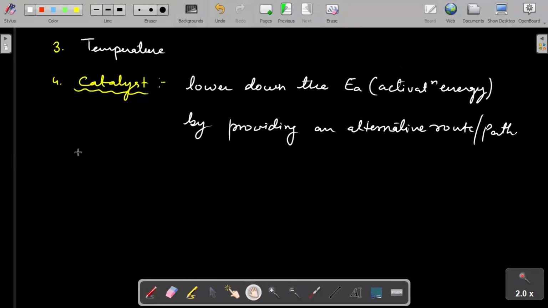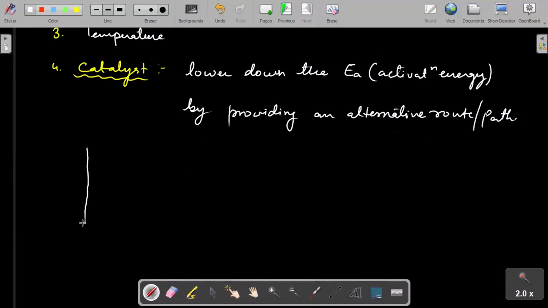Okay. For example, what is activation energy? Suppose I have a matchstick and I have to burn it. Without rubbing it on the matchbox, it cannot burn, or without giving it a light, it will not burn. That means initially I have to give some energy. So the energy of my reactant is, let us say, at this level, and I have to increase some energy.